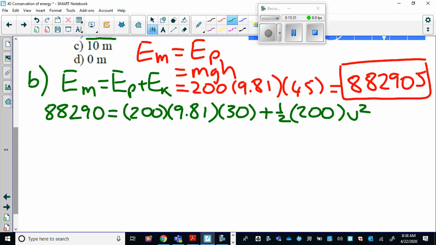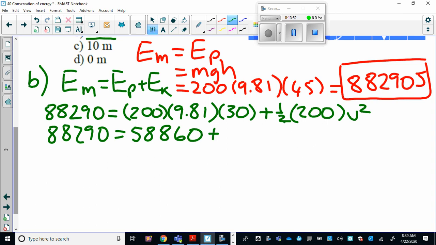So then you can multiply those numbers together. Let's do that. 200 times 9.81 times 30 equals 58,860 plus 1/2 times 200 is 100 v squared.